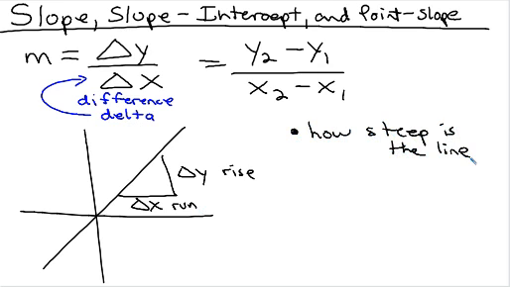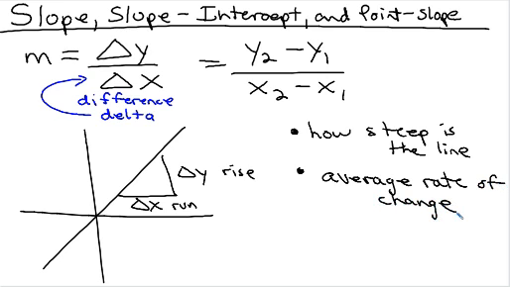But there are other things that are even more important as we make the bridge between pre-calculus and calculus. And here they are. We're going to talk about this telling me the average rate of change.